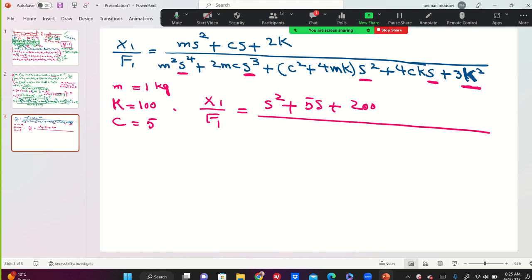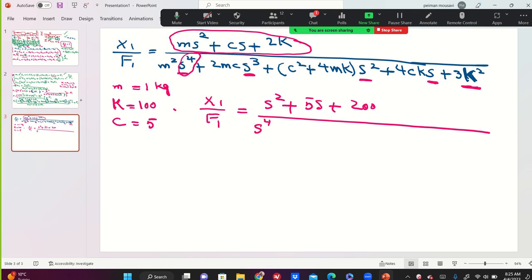First of all, how many zeros does this system have? 2. How many poles? 4, because it's a fourth order system.